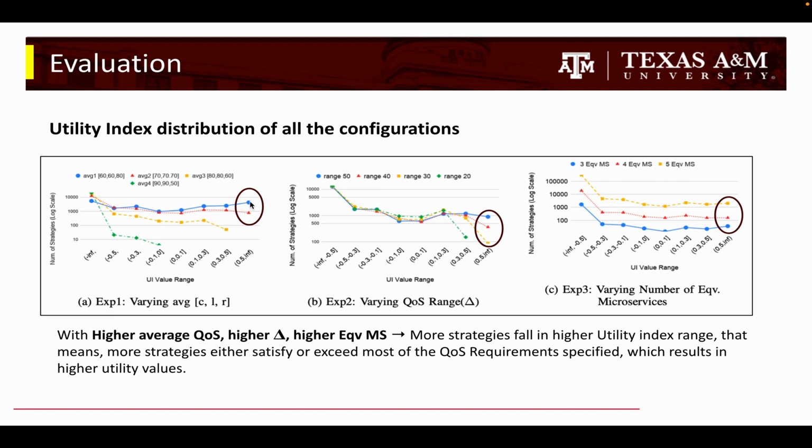For the higher QoS estimate, indicated by the blue line, more strategies fall into the higher utility range. That means more strategies out of total possible strategies have satisfied or exceeded the specified QoS requirement, which results in higher utility index values. Similarly, a higher number of equivalent microservices results in higher utility index values.